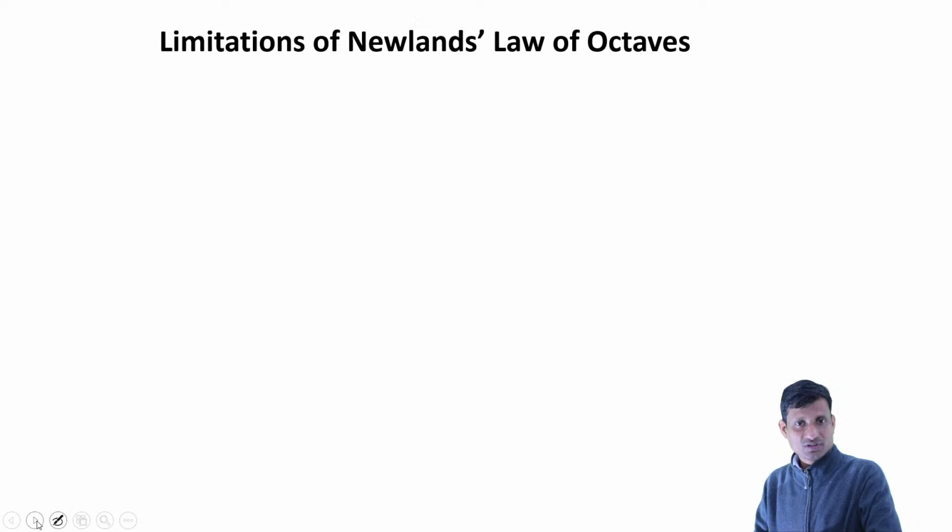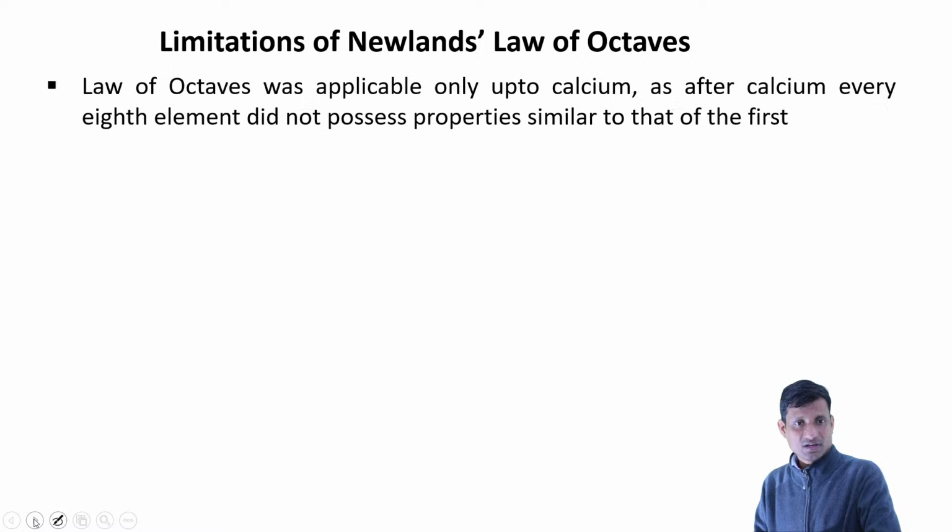With our knowledge, we learn that there are many elements present on the earth, or in our surroundings. So according to the octave rule, these are the limitations. Why did it not succeed?